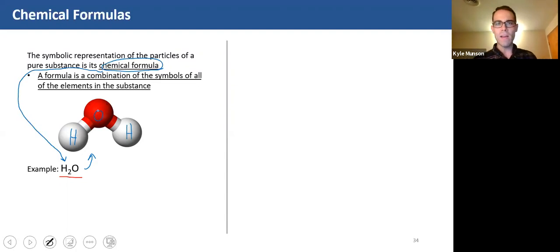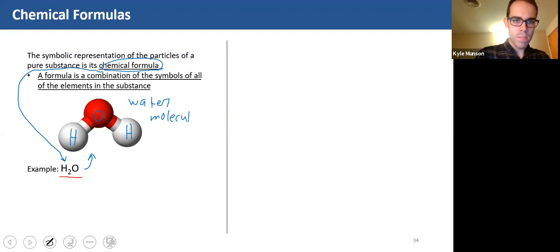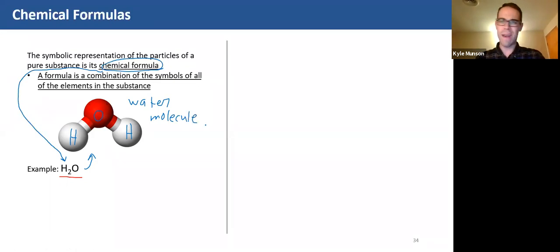It tells us the elements that are in the molecule of water. So this is a water molecule. But it also tells us how much of each we have. And I think that's on a future slide, but it's pretty obvious here as well from the chemical formula.